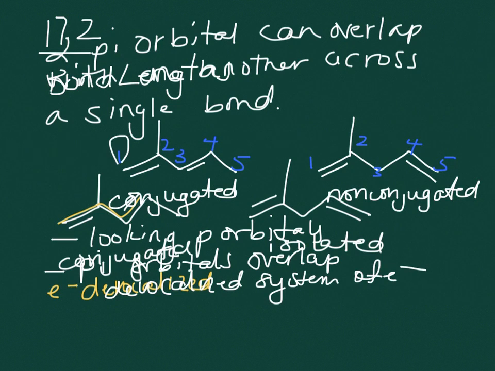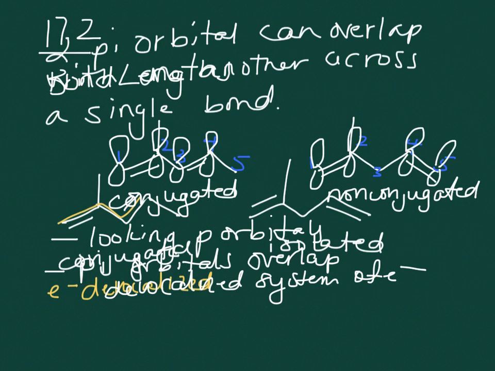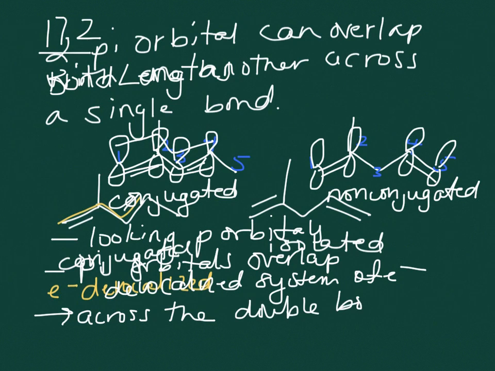So if we draw the p orbitals in here, okay. As you can see, when you have a conjugated system, you have overlap across the double bonds. If you look at this isolated system here, you only have overlap between 1 and 2, and then 4 and 5, whereas in the conjugated system you're going to have overlap between 1, 2, 3, and 4.